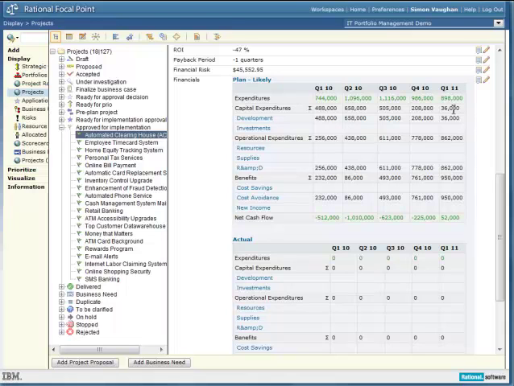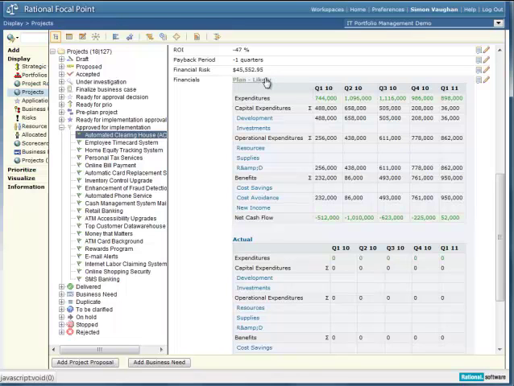So in this quarter, in Q1 2011, how sure are we that development costs will be 36,000? Potentially they might be 20% more. On a good day they might be 10% less.